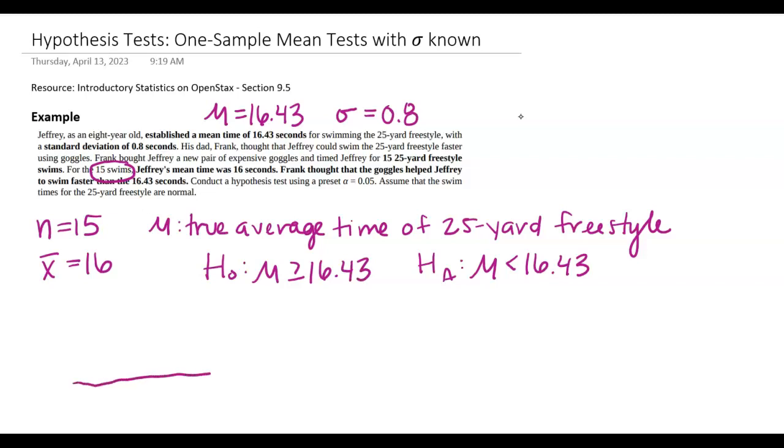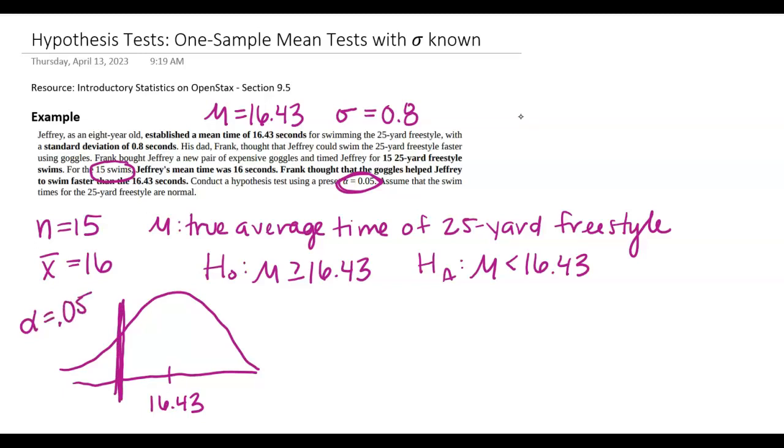And I'm going to center my distribution at that null hypothesis value. And then I want to do this at a 0.05 significance level. So my rejection region for an alpha of 0.05 is going to be right here.